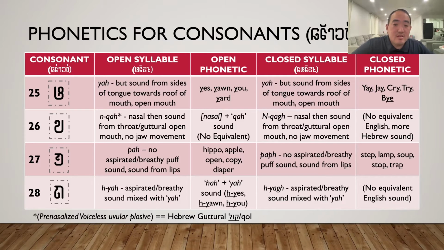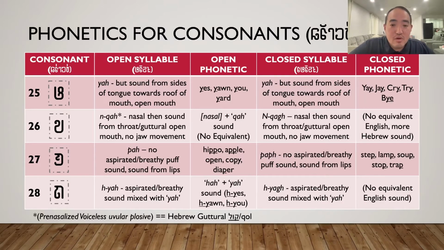So it'll be ya with the aspirated sound, like hya, with the ha and the ya. You put the breathy H with the word yes, or breathy H with yawn, breathy H with you. So it'll be hyes, hyan, or hue. That's how you pronounce the hya open syllable.